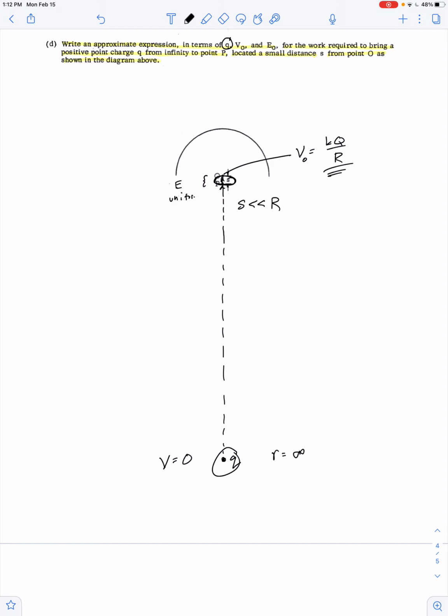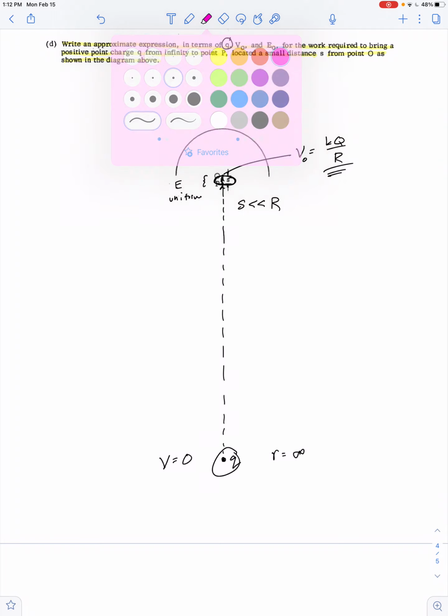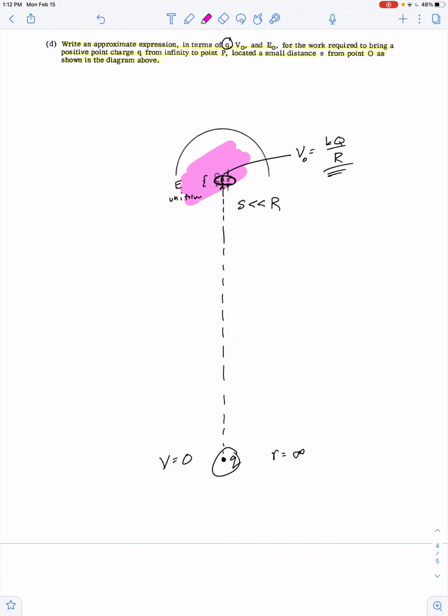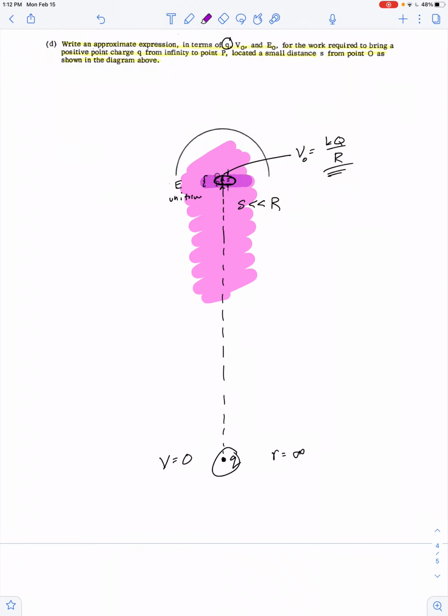Of course, overall, broad scale, over all of space, the electric field is not uniform. But over just this little distance, we can approximate it as uniform. And so we just need to subtract.